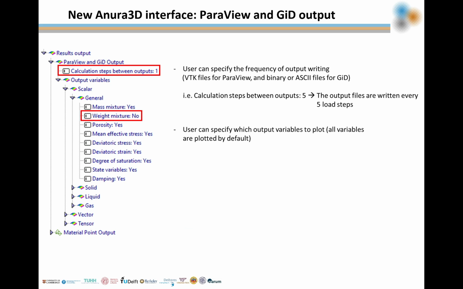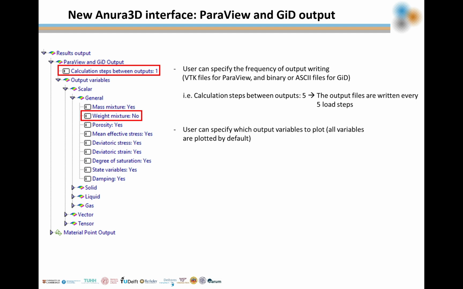The new output system includes user-defined output variables instead of exporting all data by default. The ability to select specific elements for output in PAR files.